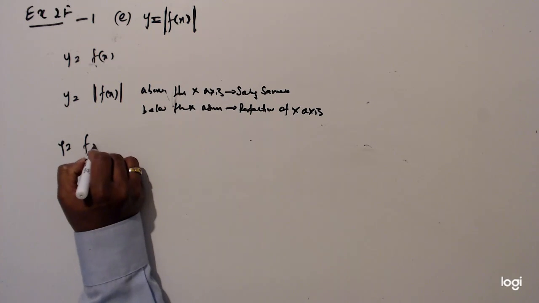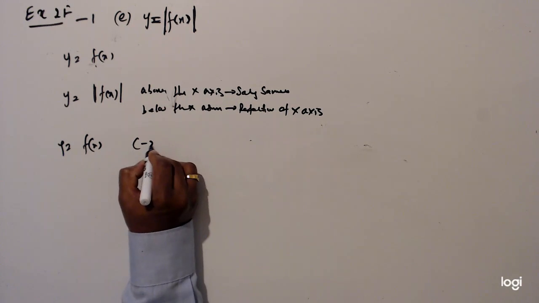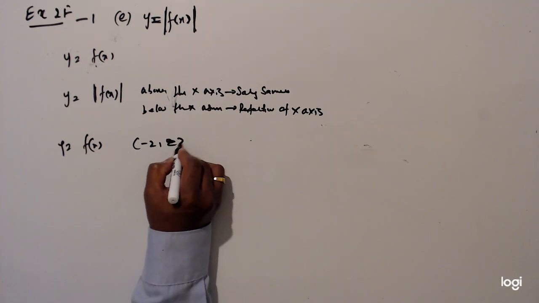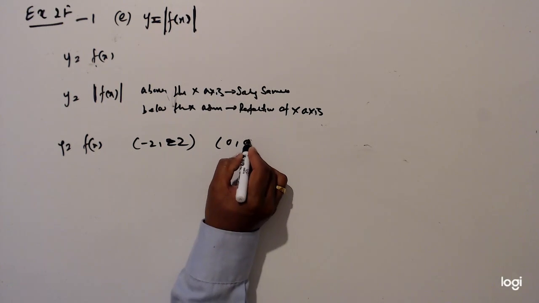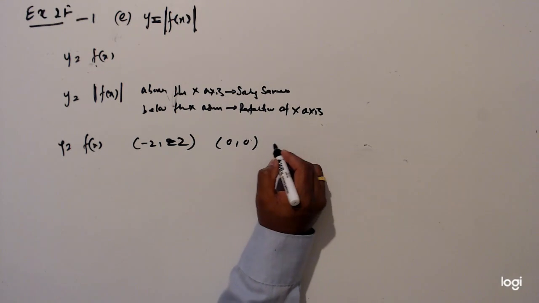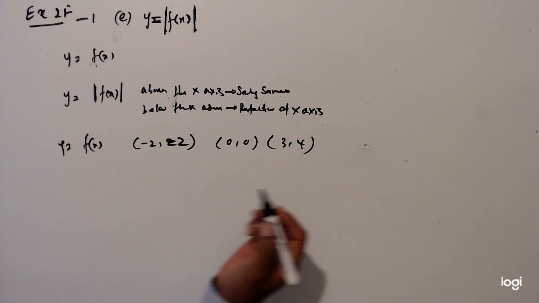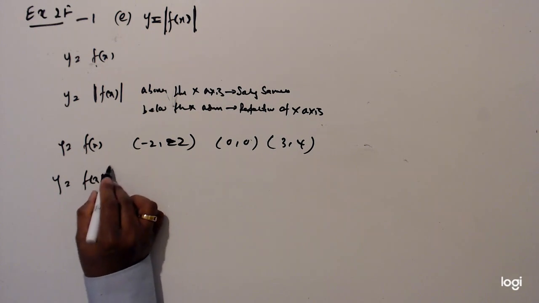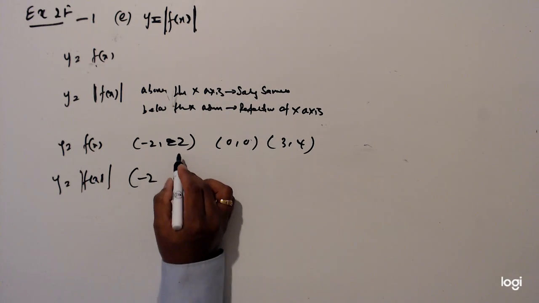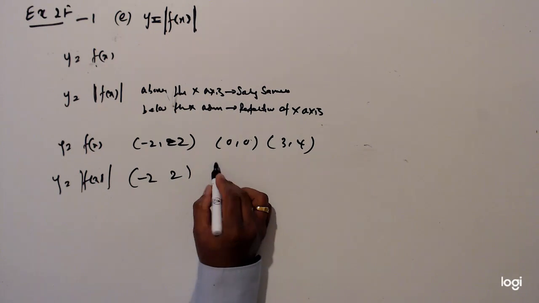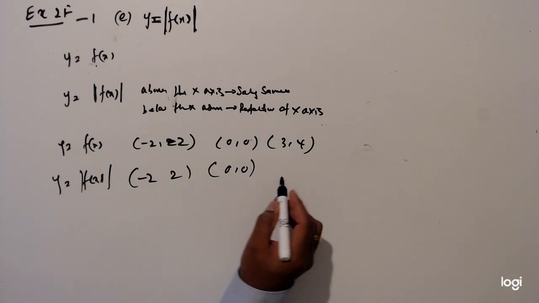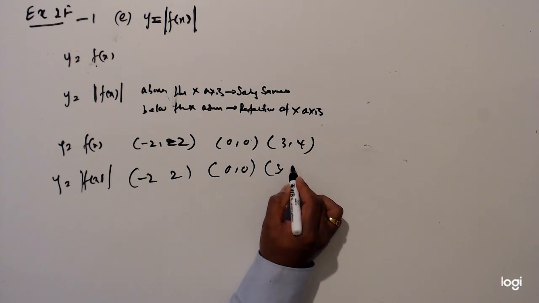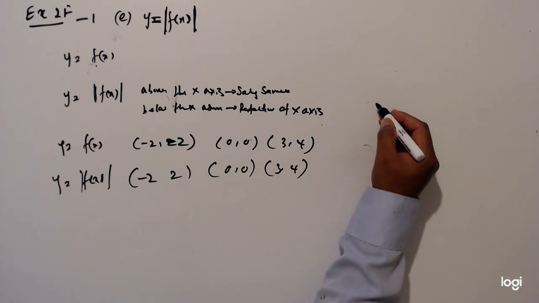So y equals f(x) has (-2, -2) and (0, 0) and (3, 4). So y equals mod f(x): (-2, y value becomes positive 2), (0, 0) and (3, 4) as it is.